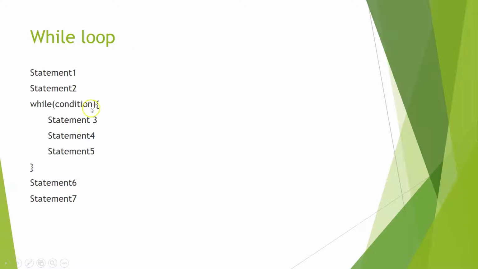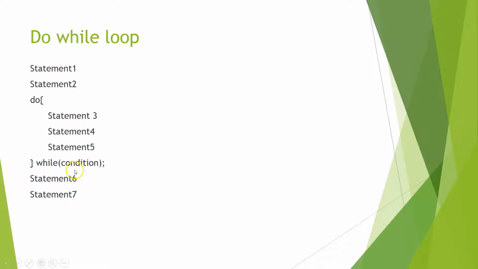In the normal while loop the condition is evaluated at the beginning of the loop, but in the do while loop the condition is evaluated at the end of the loop, and that guarantees that the statements inside the do while loop will execute at least one time. It continues repeating those statements until the condition evaluates to false, and then the program continues to execute statement 6 and statement 7 and so on.